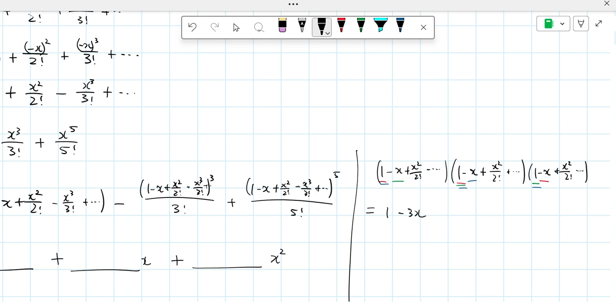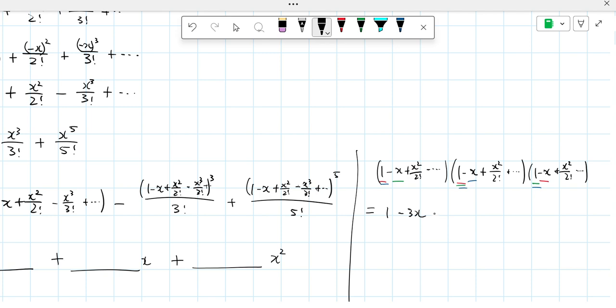That'll be one of them. And then we just do that 3 times. Then we could also have negative x times negative x times 1. 1 times negative x times negative x. And negative x times 1 times negative x. The other way. That's also 3 of them.